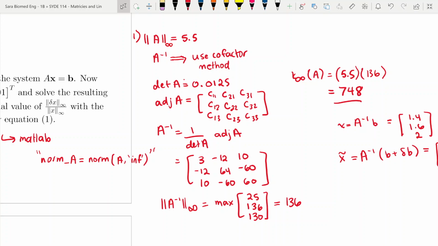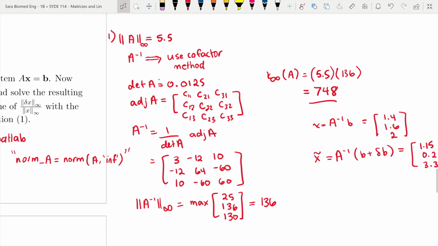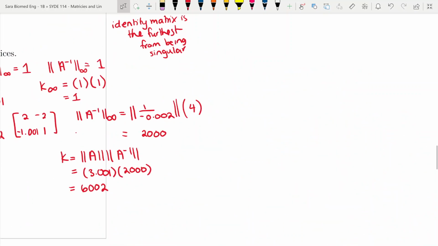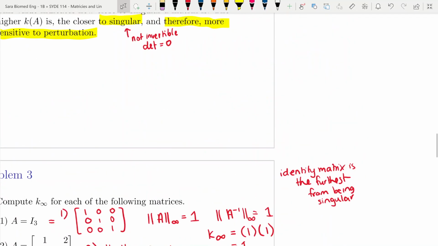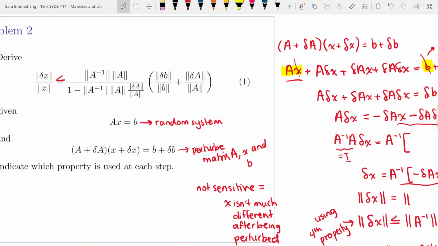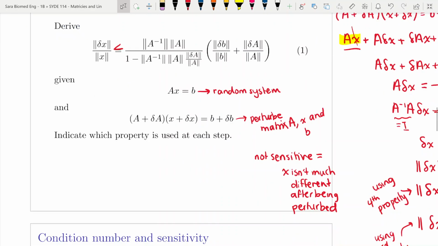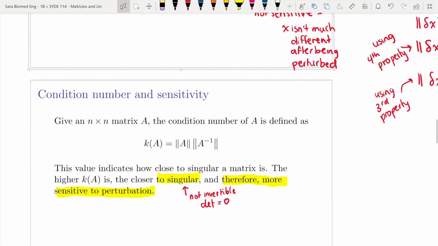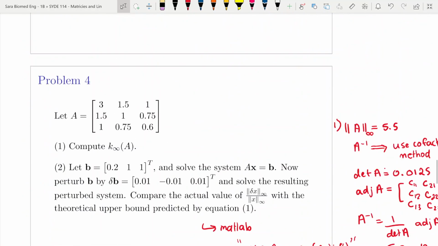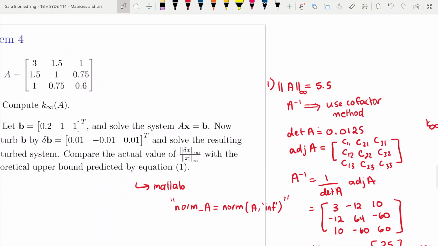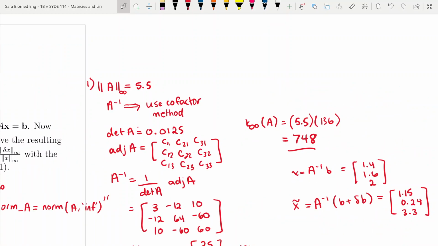We're going to use the norm again: the norm of delta x divided by the norm of x, where delta x is basically x hat minus x.